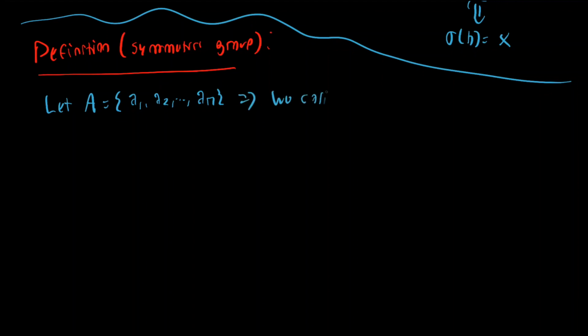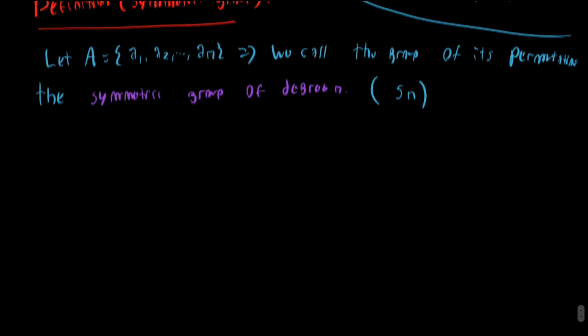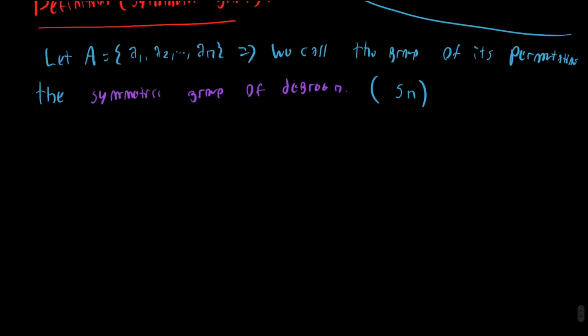Then we call the group of its permutations the symmetric group of degree n, and we denote it like this, S of n, or sometimes S of A. But we will show that when we study permutations, we don't care if we have n elements, and these elements are represented by numbers, or by elements with sub-indices that are natural numbers. So we're just going to stick with the notation S of n.